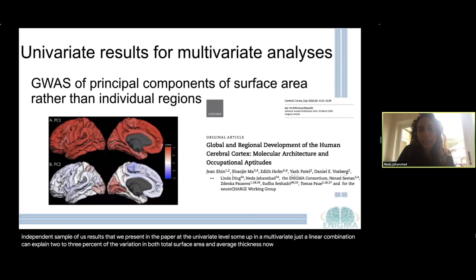Now, taking this a step further, our findings were used as replication for a different study.